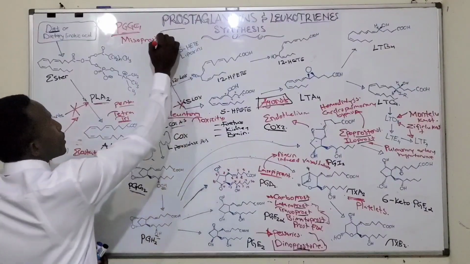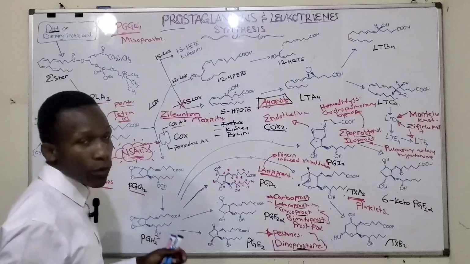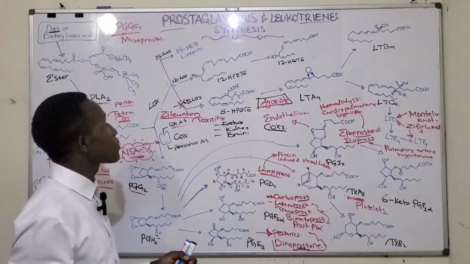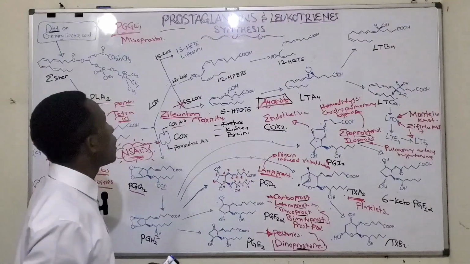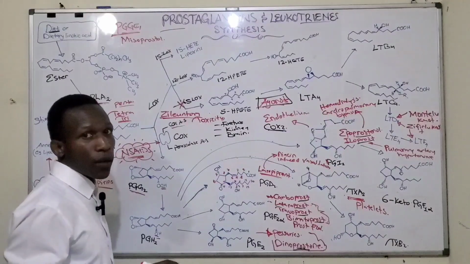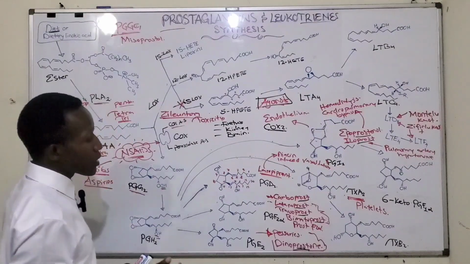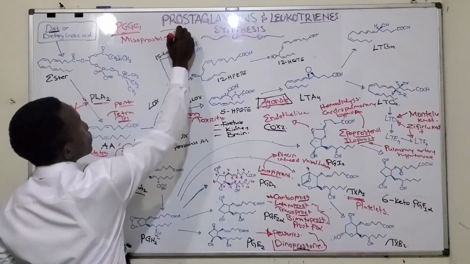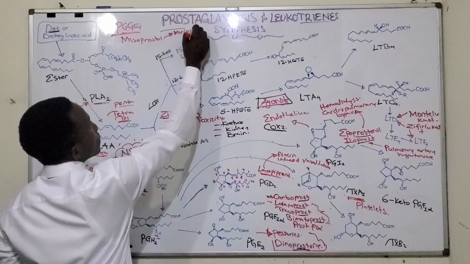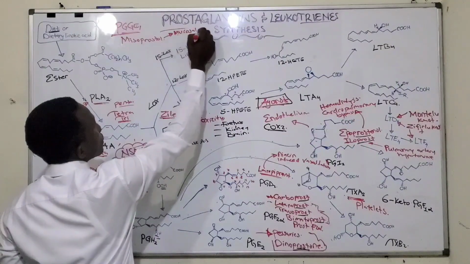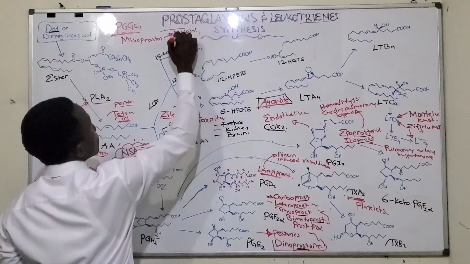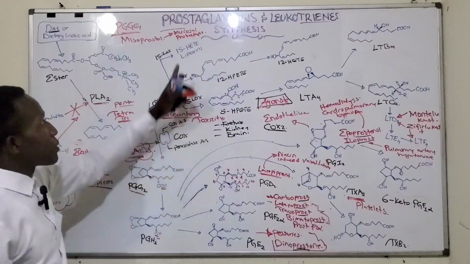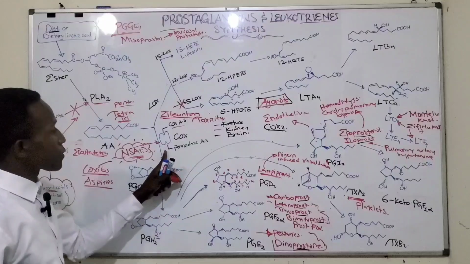analog. And remember that we said that prostaglandins in the GIT can increase the mucus production, and also inhibit the production of the gastric acid in the stomach. So this one is a mucosal protectant. So it can be given with NSAIDs.